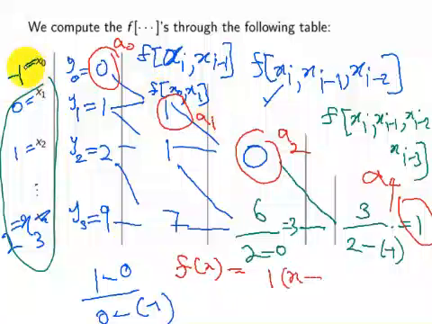X naught is -1, so x minus minus 1 becomes x plus 1.